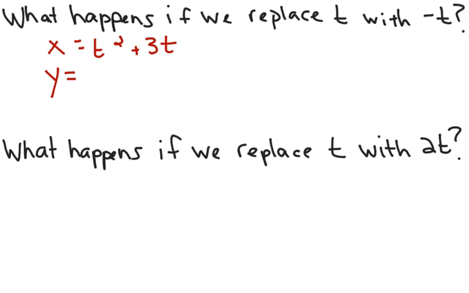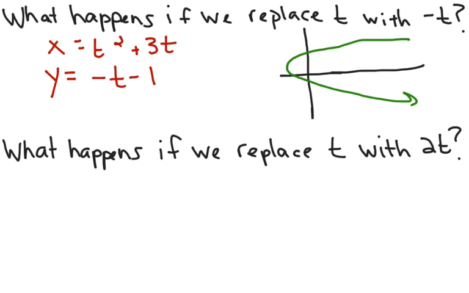Y becomes negative t minus 1. When you graph these in the graphing calculator, what you're going to notice is that the direction of travel changes. It instead goes this way.